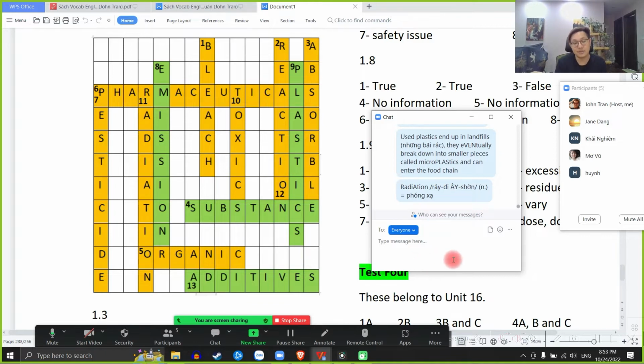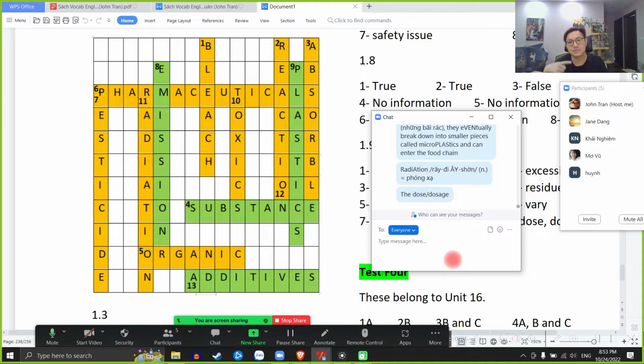Well, but it also depends on the dose, you know. The dose or dosage. Nó tùy thuộc vào cái liều hoặc là cái liều tiếp xúc á. Depends on the dose or the dosage. The higher the dose, the more deadly they become. Liều nó càng cao thì nó càng chết người, càng deadly bao nhiêu.